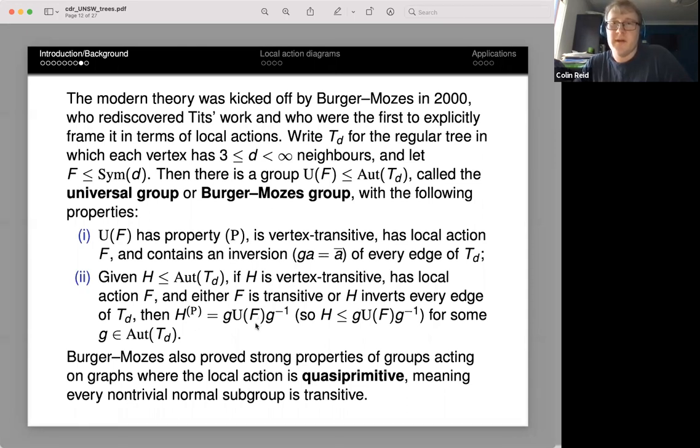So I've specified U(F) up to conjugacy here, because there's clearly choices to be made in terms of how you match up the D neighbours of each vertex across the whole tree. But the point is that up to conjugacy in Aut T_D, this is uniquely specified. And that's why it's called the universal group, because it's the biggest group that is vertex transitive with local action F, and contains these edge inversions.